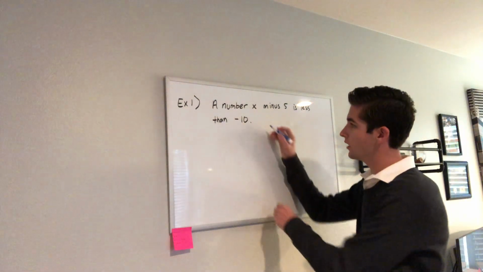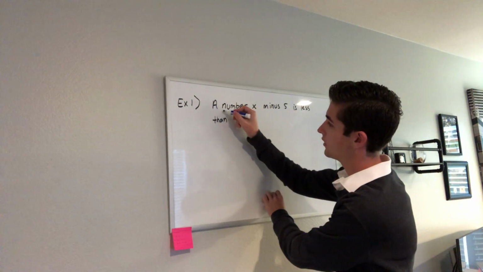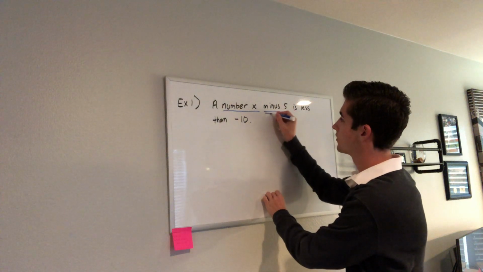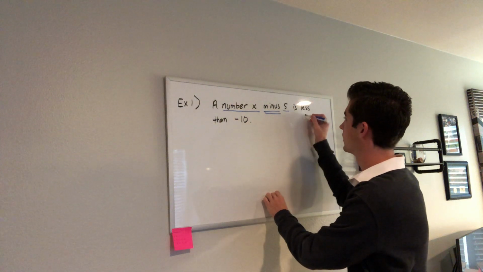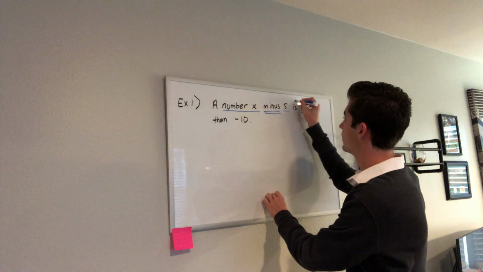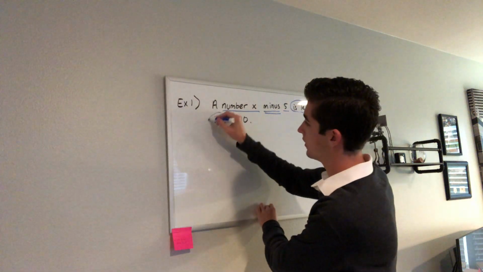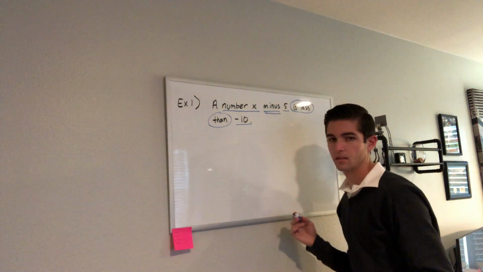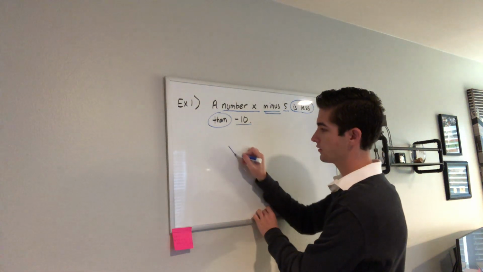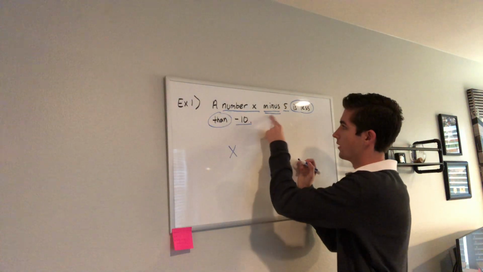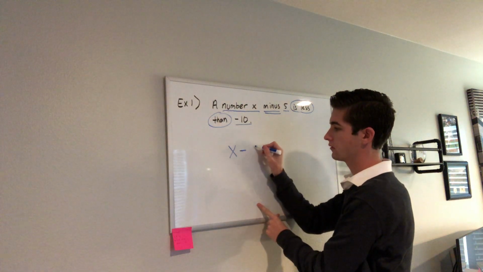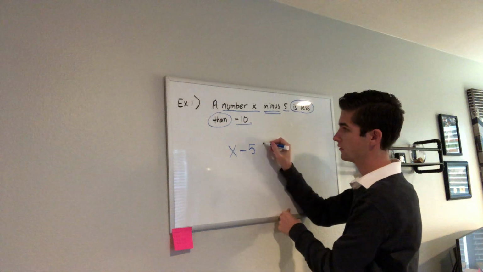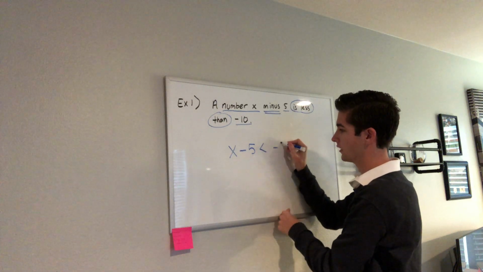So, a number x minus 5 is less than negative 10.